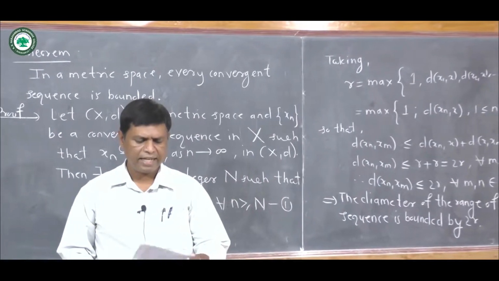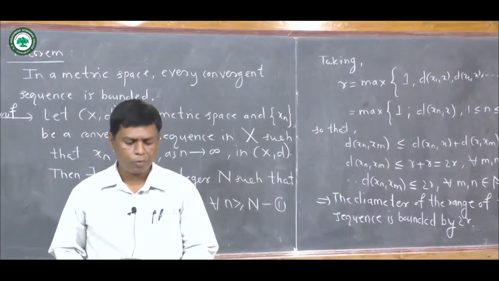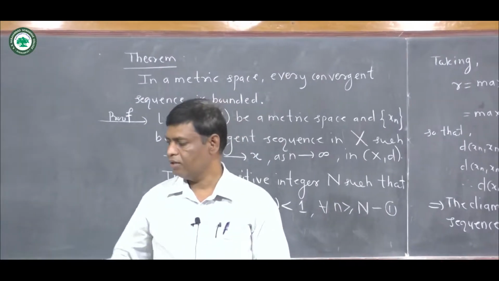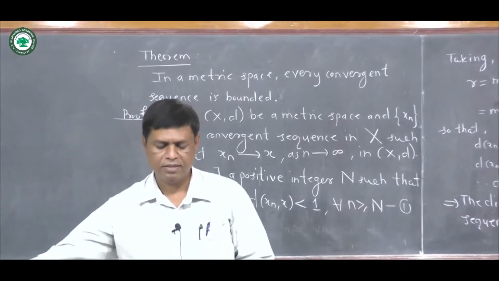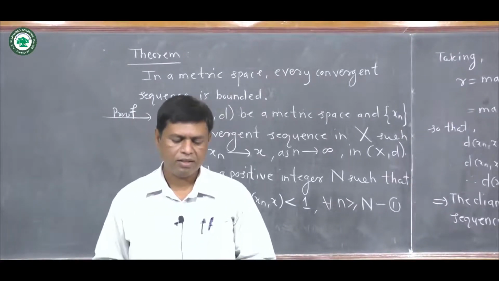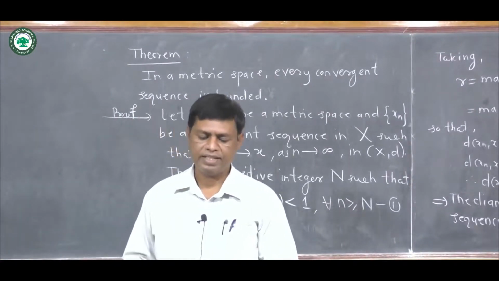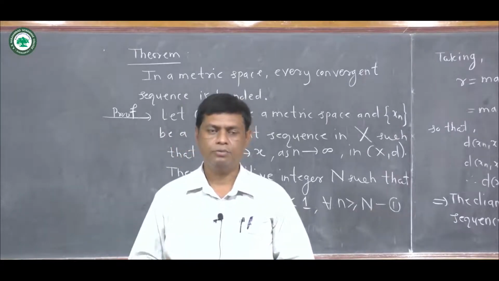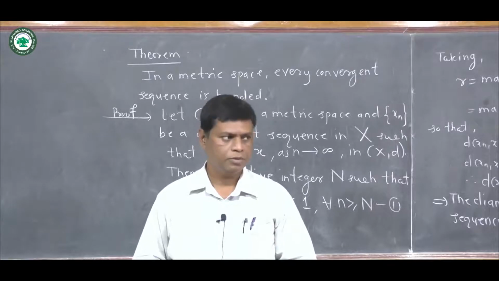Now remember that the property of convergence of a sequence in a metric space (X, d) is not inherent in the sequence but depends on the space X and the metric used. It means that convergence depends on which metric function you are going to use.